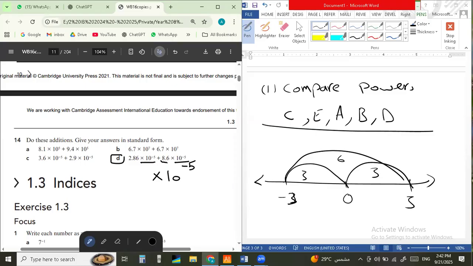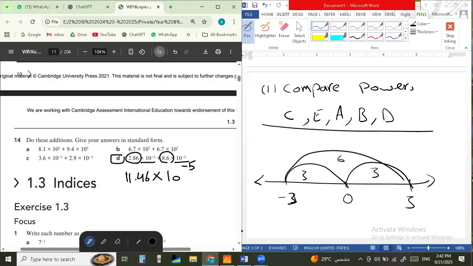And what about the 8.6 and the 2.86? These are the two numbers that you need to add. So 2.86 plus 8.6 is going to give you exactly 11.46. I hope I didn't make any mistakes. All right, so here it's 11.46 times 10 to the power of negative 5.